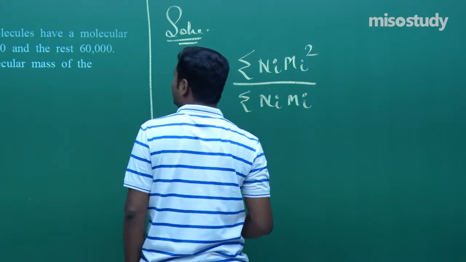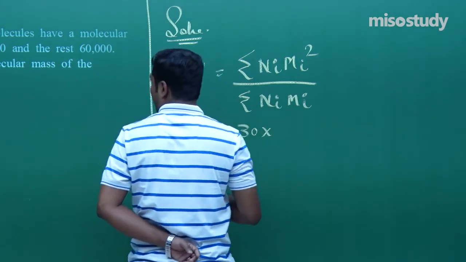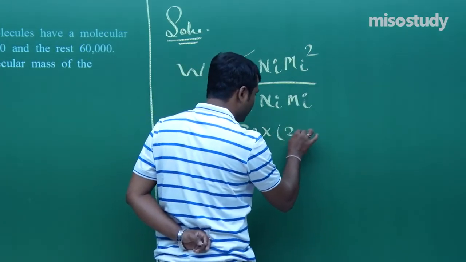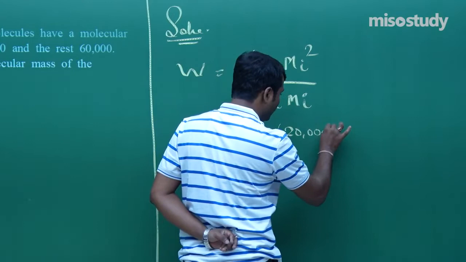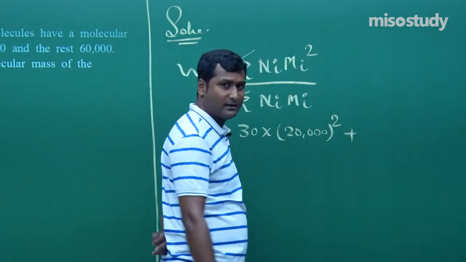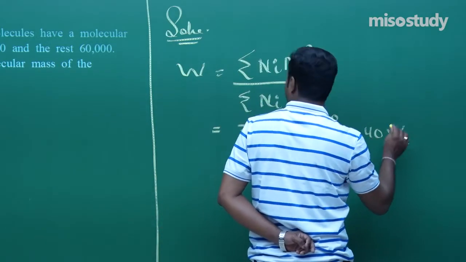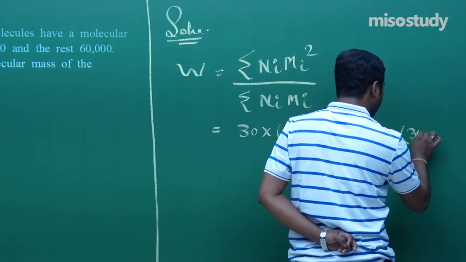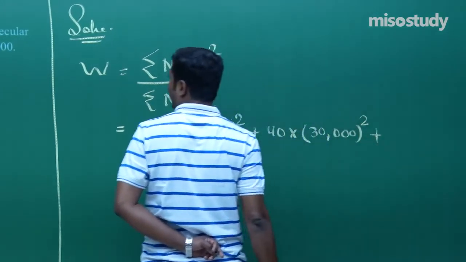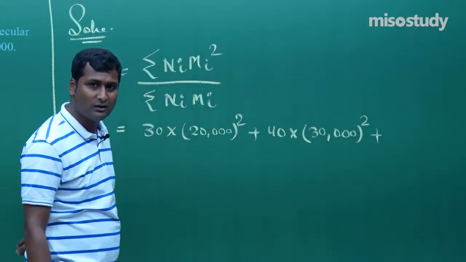Put here, N is 30% in the first case, so 30 into Mi, which is 20,000, squared. The second one is 40%, so 40 multiplied by 30,000 squared, plus the rest.